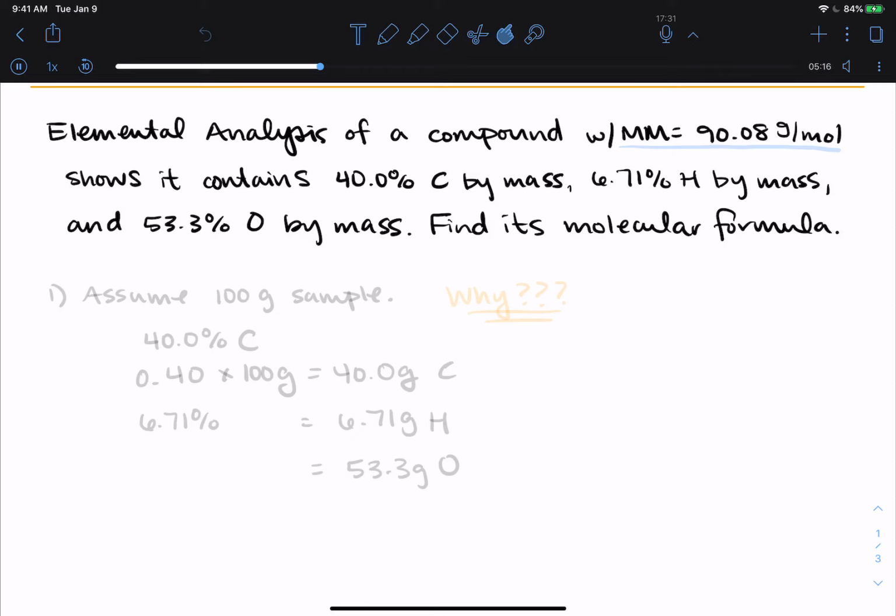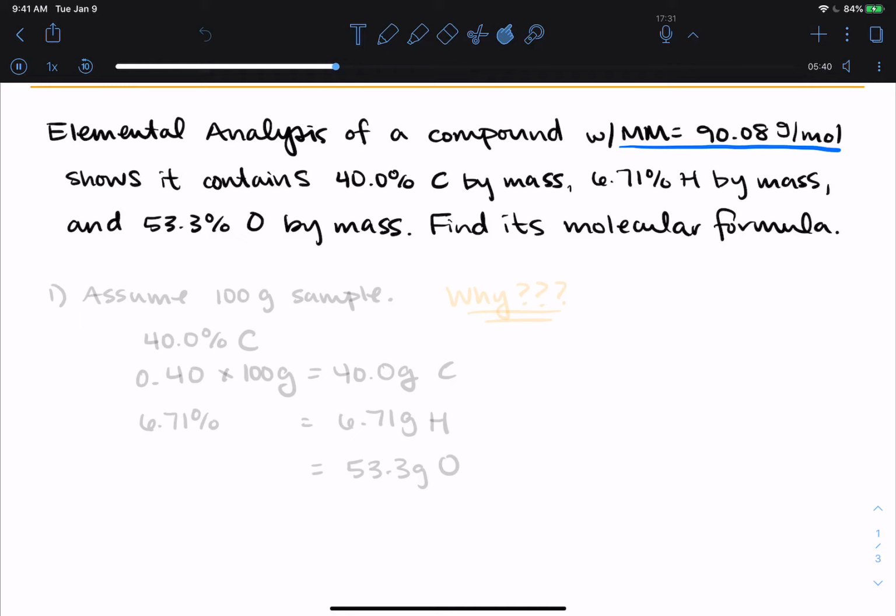So you might be wondering, if we don't know the molecular formula, how on earth do we know the molar mass of this compound? So this is where I tell you that I promise we're not making up these stupid problems with information that you would already know and making you back calculate for no reason.